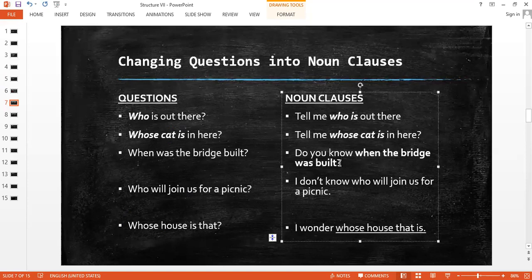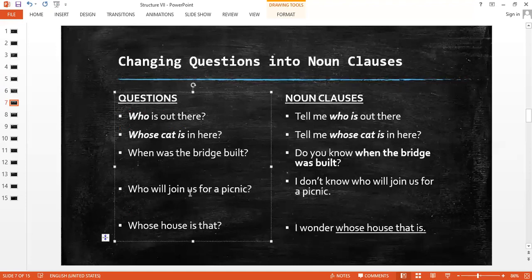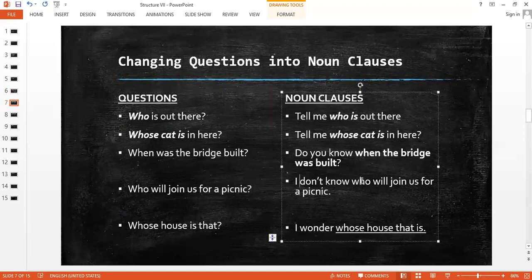Okay, let's continue. Another example of a question: who will join us for a picnic? When we change it into a noun clause: I don't know who will join us for a picnic.